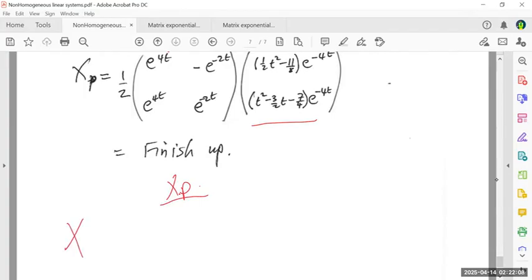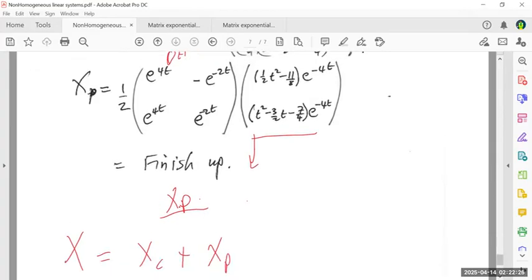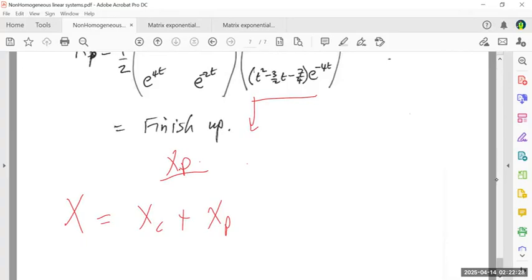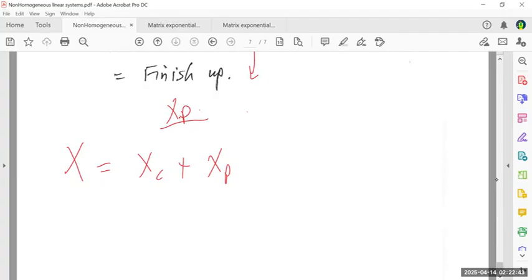Then my x will be phi of t times c plus whatever you get from here, so that would be xc plus xp. Yes, there is a lot of work to be done, but this is direct, without having to worry about calculating unknown coefficients. This is the method of variation of parameters. You have to do more examples from the tutorials and master this.